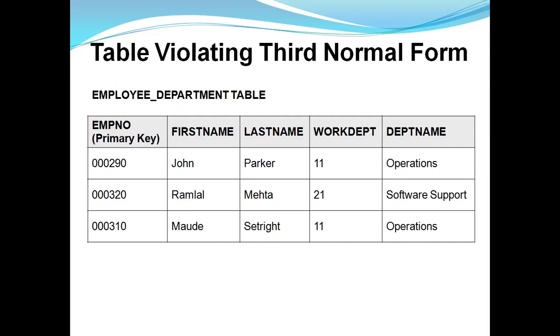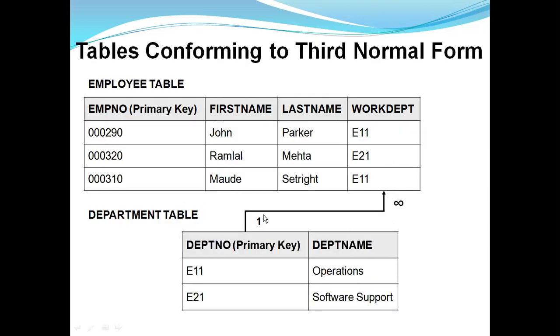Which column will go out? Obviously, department name. But will it go out alone? No. Its determinant will also go out. Correct? So this will be the final result.